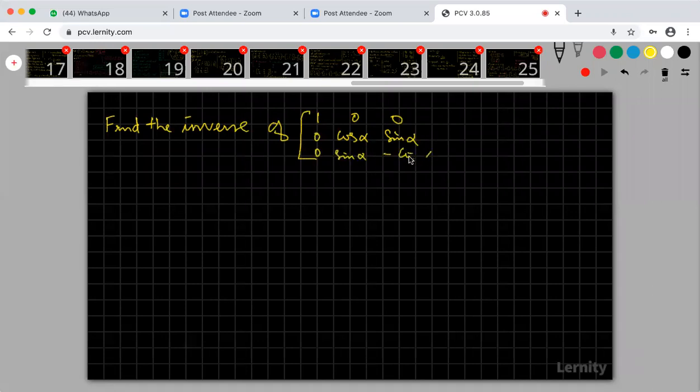Find the inverse. Okay, you can use the same usual formula. A inverse is equal to 1 by determinant of A times adjoint of A.